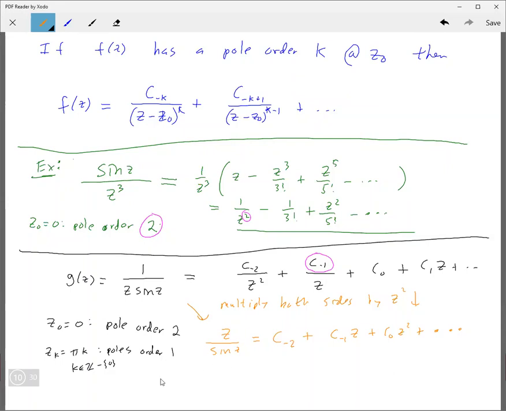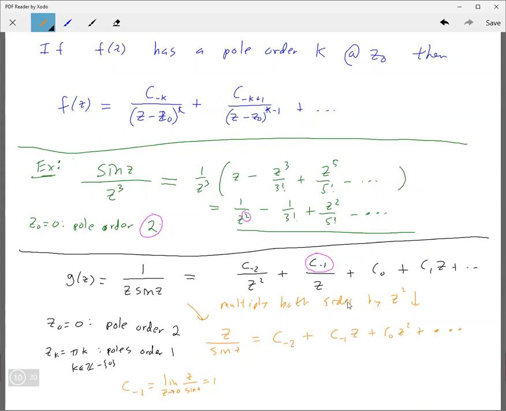And then c negative 2 is going to be the limit as z goes to 0 of z over sine z. If you take the limit of both sides as z goes to 0, all of these are going to go away. The limit as z goes to 0 of z over sine z is 1. So c minus 2 is 1.